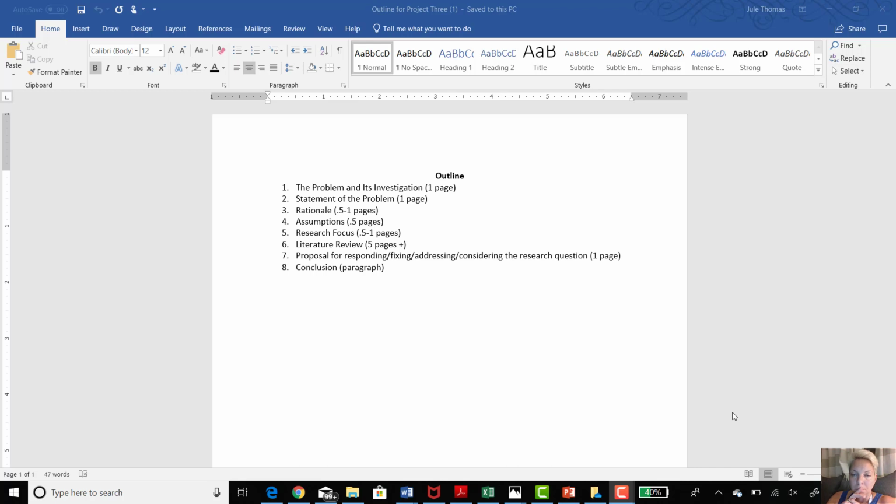So as a reminder, just a basic outline for the research proposal of Project 3. It's going to have these 8 components.